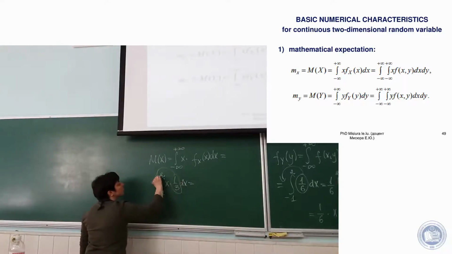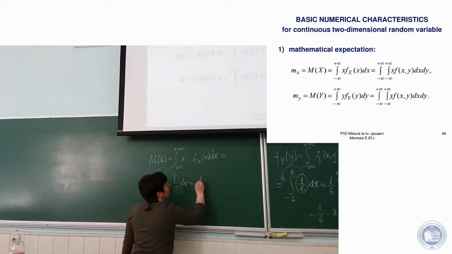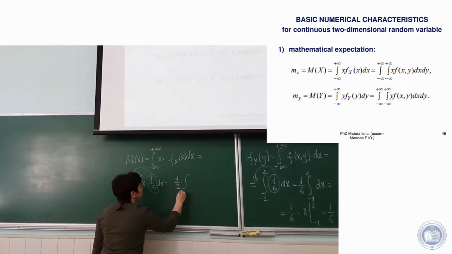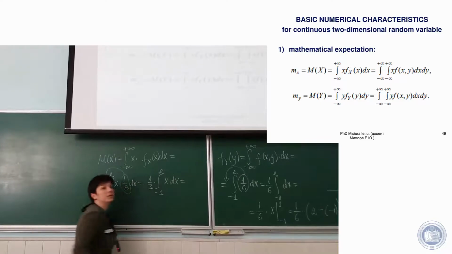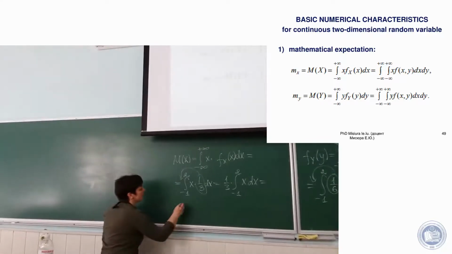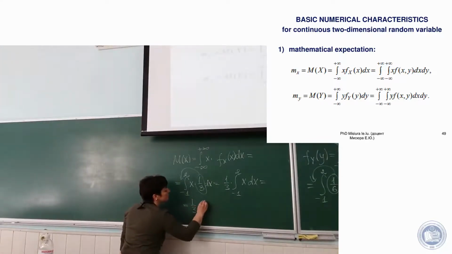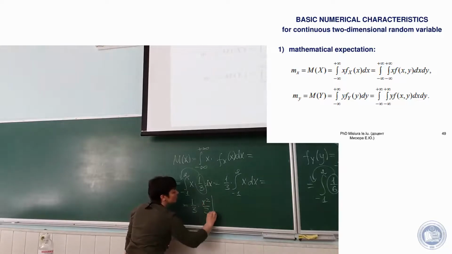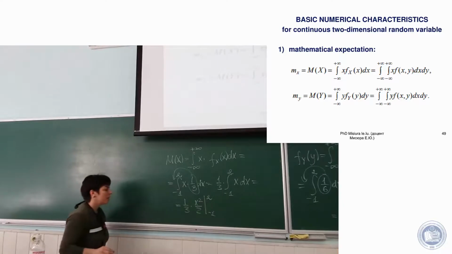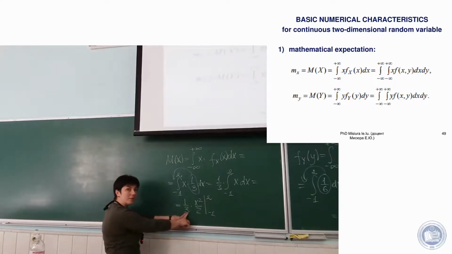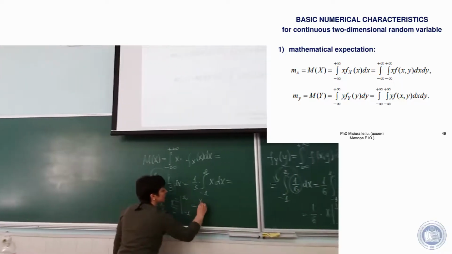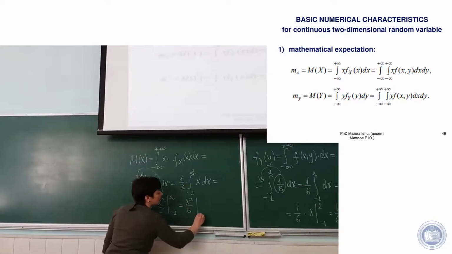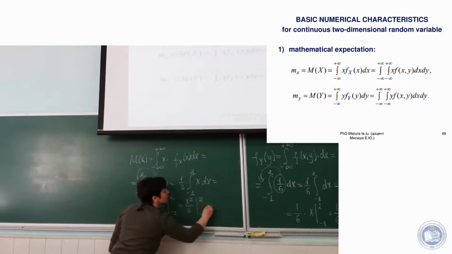Let's take out 1/3 and get 1/3 times integral from negative 1 to 2. Yes? Okay, do you remember integral of x? Let's leave 1/3 multiplied by x squared over 2 with double substitution from negative 1 to 2. Okay. Can you multiply 3 by 2? Okay. And get x squared over 6 with double substitution from negative 1 to 2. Correct or not?